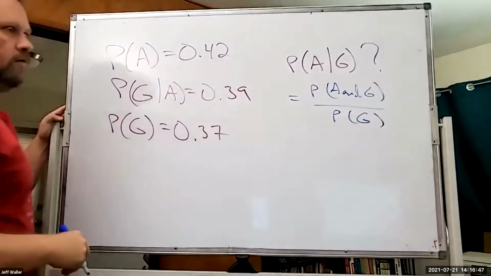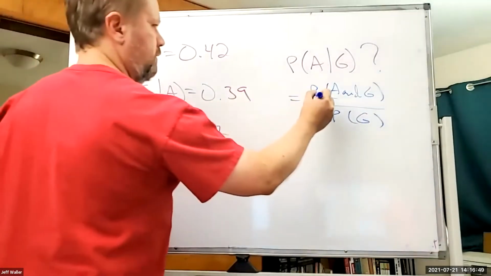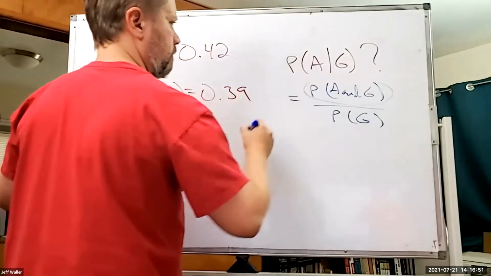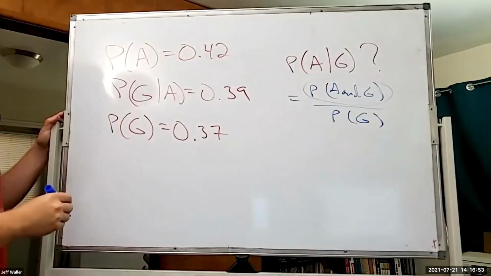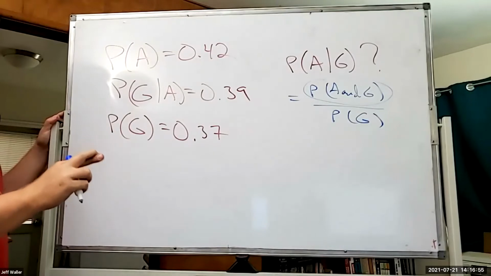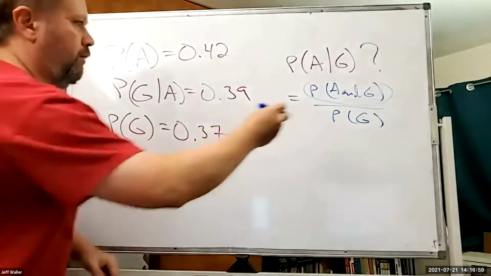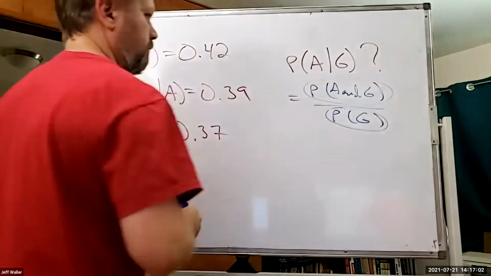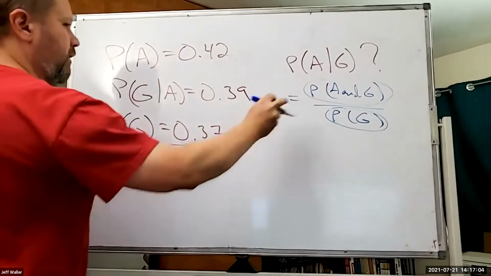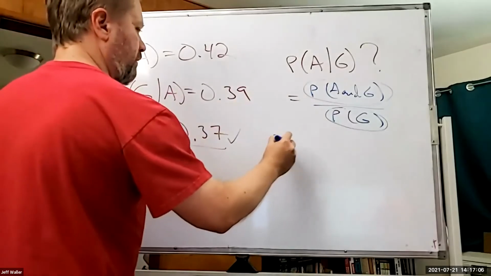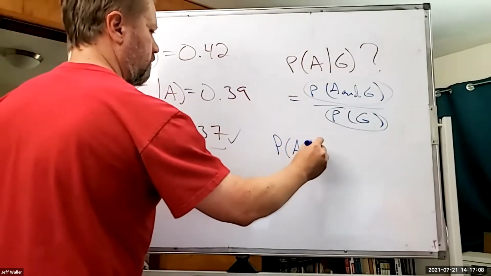Yes. So what do I know? Do I know this part? No. Do I know this part? Yes. But I don't know this. All right, let me write that down. What's the formula for this?